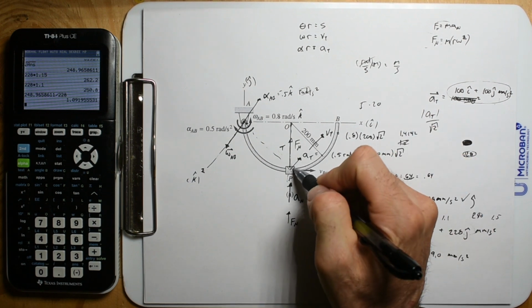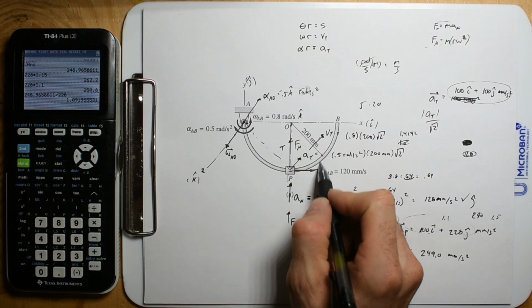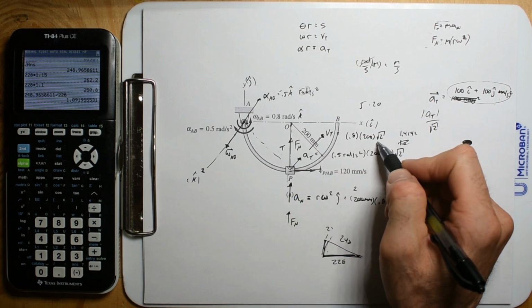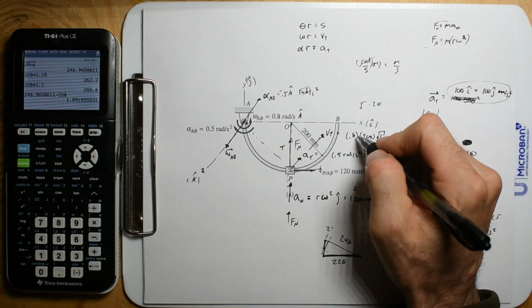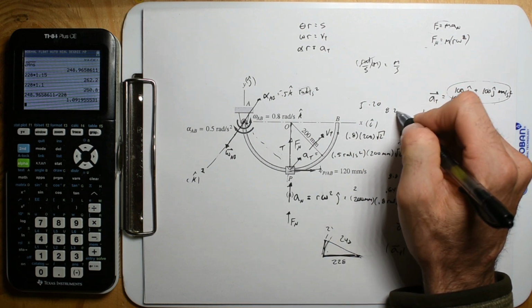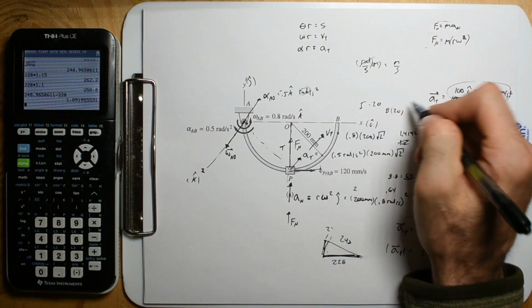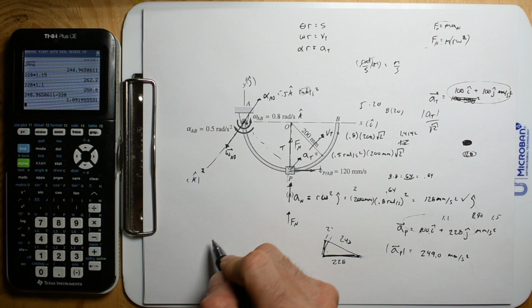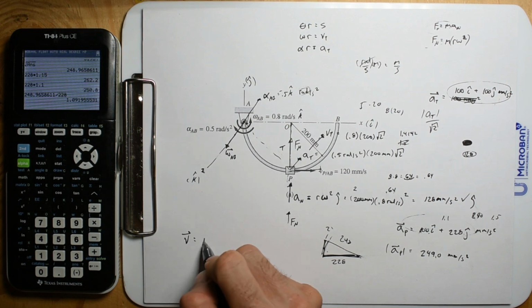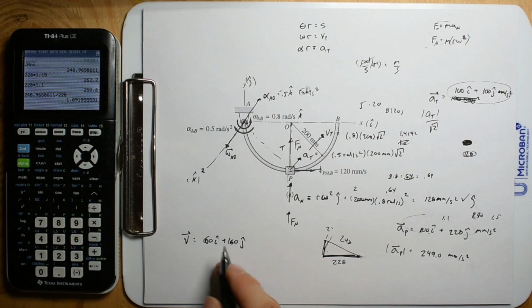That's going to be the magnitude of this, but we're going to have components in x and y, so we're going to have to divide by the square root of 2. So we're just going to have 0.8 times 200. I do know what 8 times 2 is. It's 16, so it's 160. So for our velocity component, we're going to have 160 i hat plus 160 j hat.